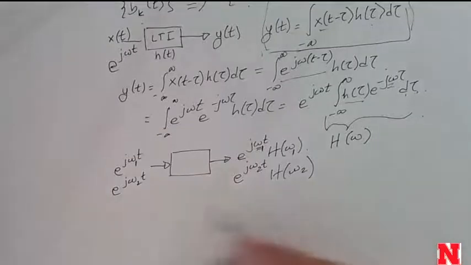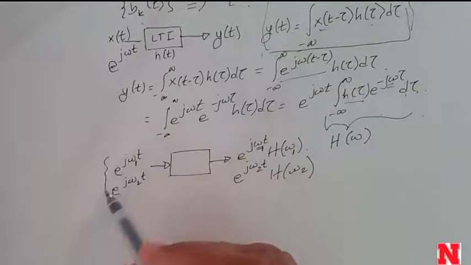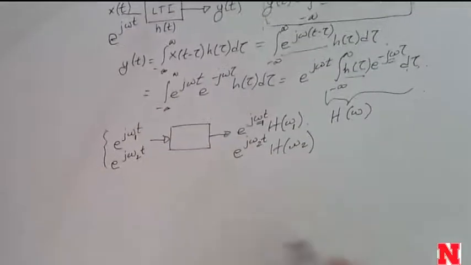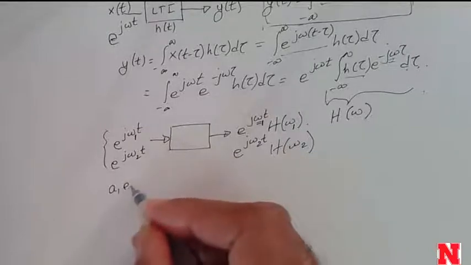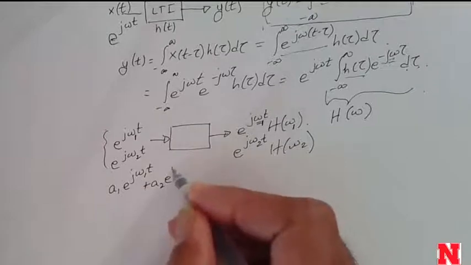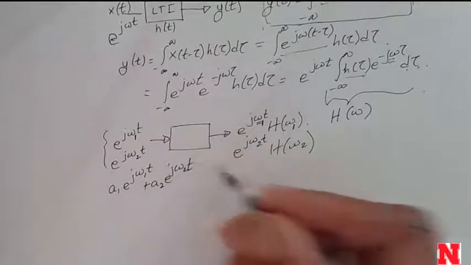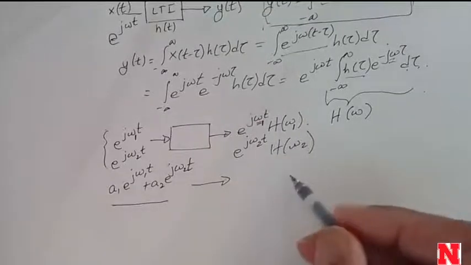Right? So if now, as I claimed, these can be used as a basis set so that I can generate signals of the form a1 e to the j omega 1t plus a2 e to the j omega 2t, and then given this, I know immediately what the output is.